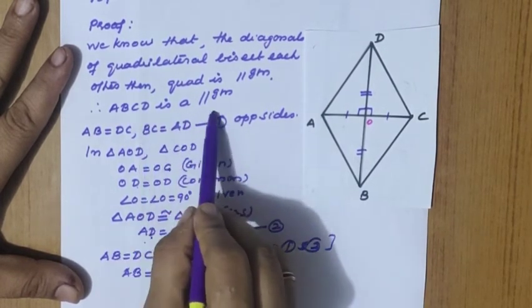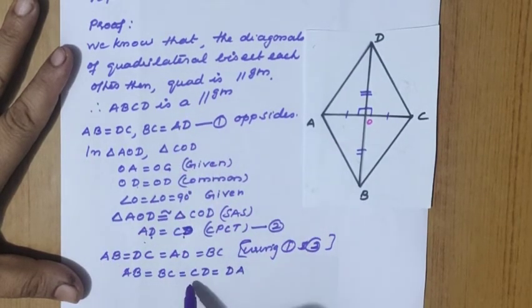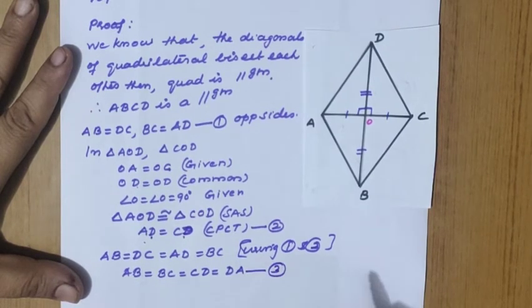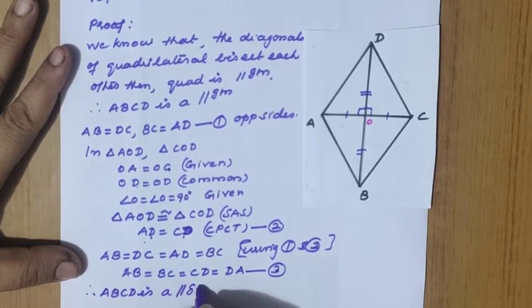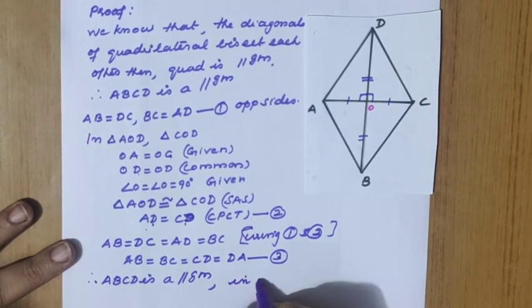So ABCD is a parallelogram we have written because the diagonals bisect each other. Now we got that all the four sides are equal by equation number 3. So we will write ABCD is a parallelogram in which all four sides are equal.